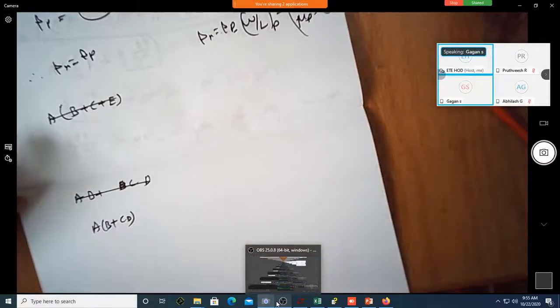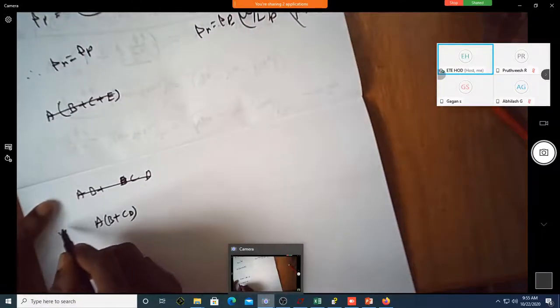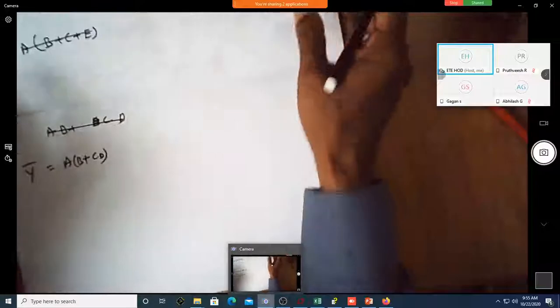Okay, A into B plus CD. This is Y bar is equal to, correct?